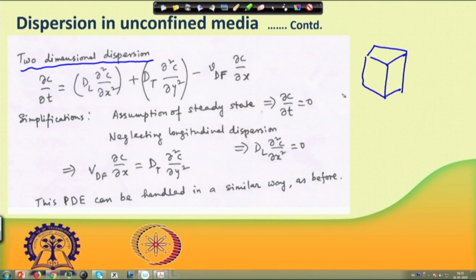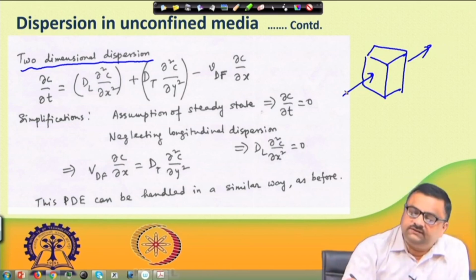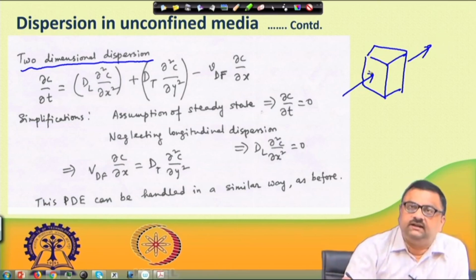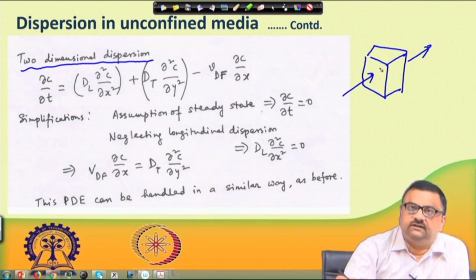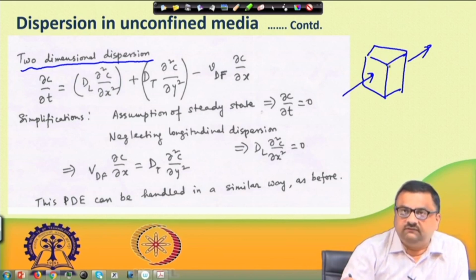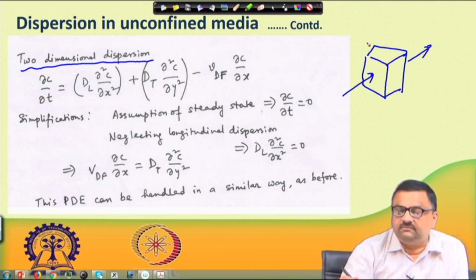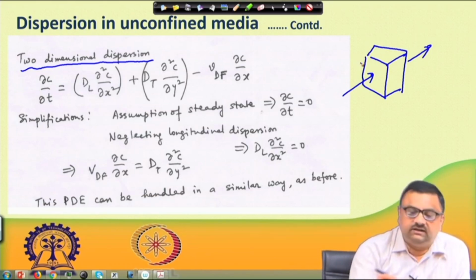We picked up a differential element and tried to find out how much is going in by diffusion, how much is leaving from the other side by diffusion, how much is going in with the flow from this side, and how much is leaving with the flow from the other side. So, diffusion in minus out, and convection, the solute entering through convection, in minus out. Those terms, and the difference is accumulation.